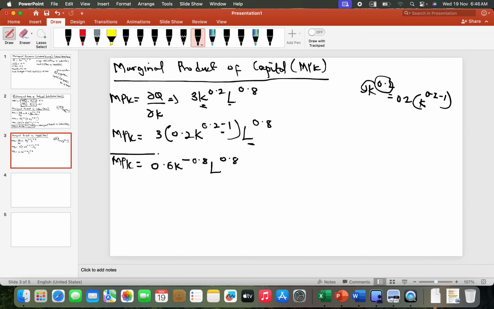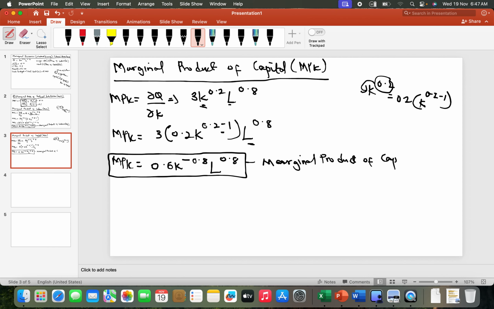So this gives me my marginal product of capital, which is our MPK. So now we know this to be the formula.